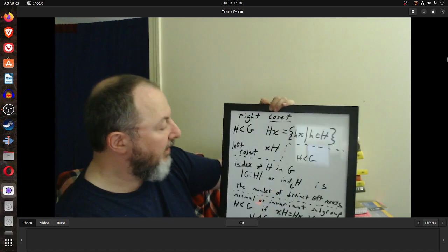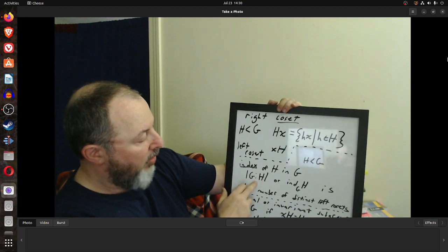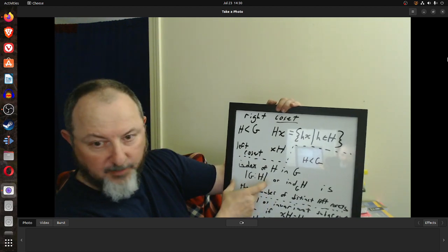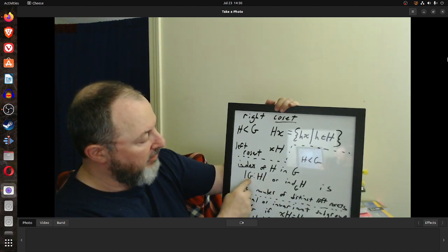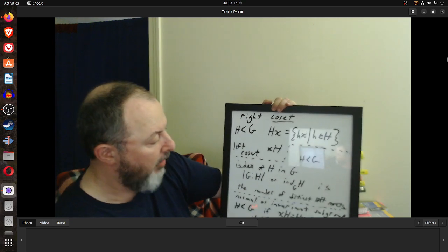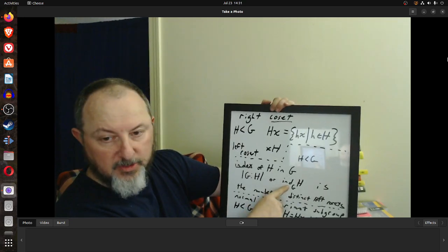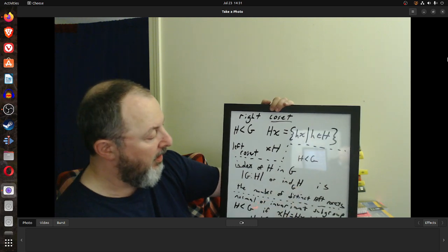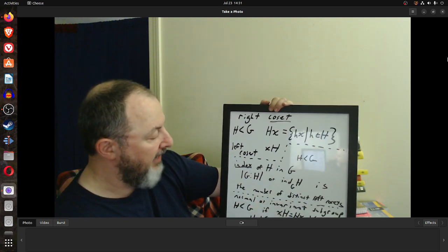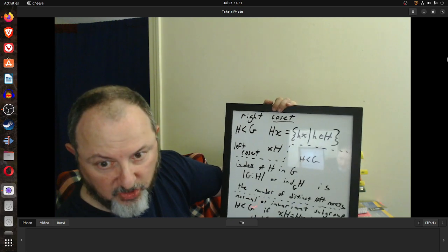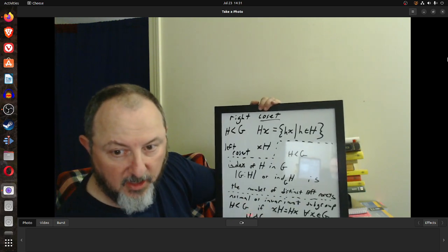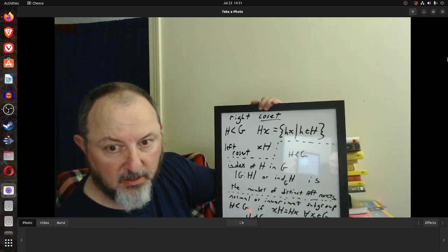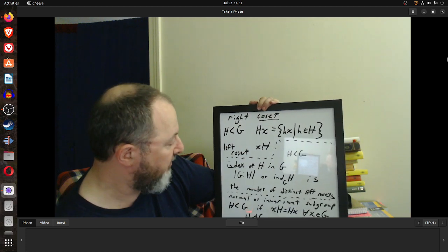The index of H in G, often written with the absolute value symbol as [G : H], or some people use Ind with a subscript G of H. Either way, you're finding the index of H in G, and that's the number of distinct left cosets.